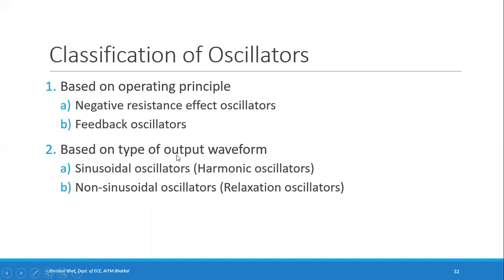Then based on the type of output waveform, we can classify oscillators as sinusoidal oscillators or harmonic oscillators, which generate sinusoidal waveforms. The other is non-sinusoidal oscillators or relaxation oscillators, which generate non-sinusoidal waveforms. Non-sinusoidal means they can be square wave, sawtooth wave, triangular wave, or something else which is non-sinusoidal.